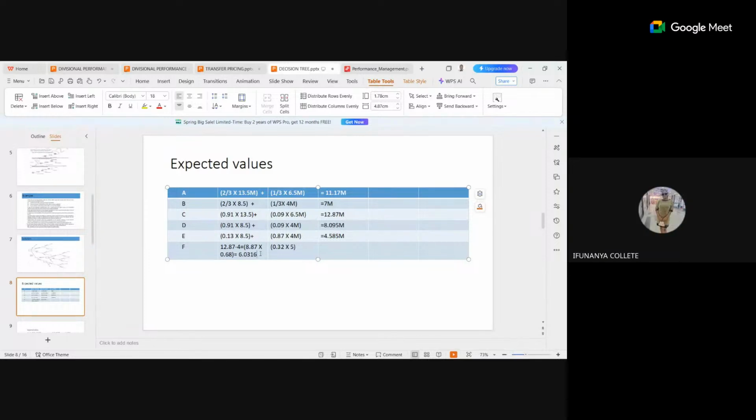So you add the results for both columns, and the result will be 7.6316. All right.